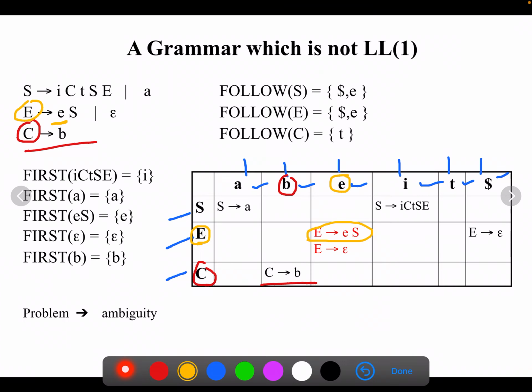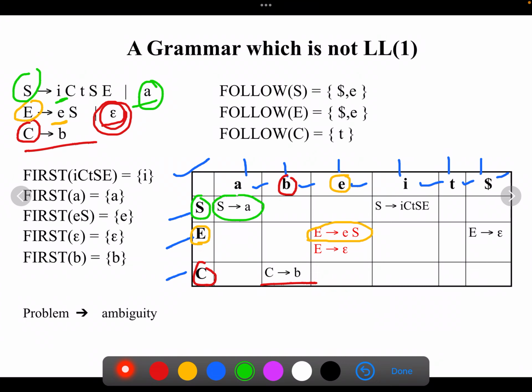Next, first of E is also having epsilon, but we will keep this for later discussion. Wherever epsilon is there, while computing the table, first keep that for later computation. Moving on to next, first of S is I and A, therefore S on A is giving this production.